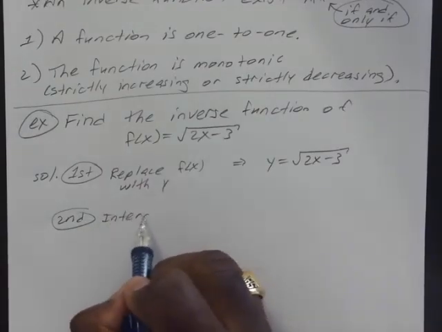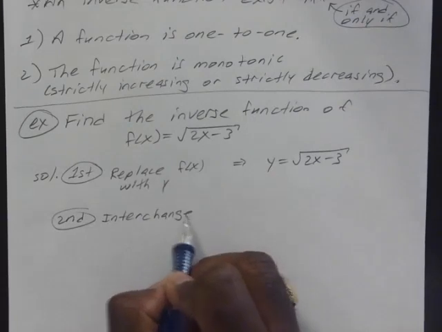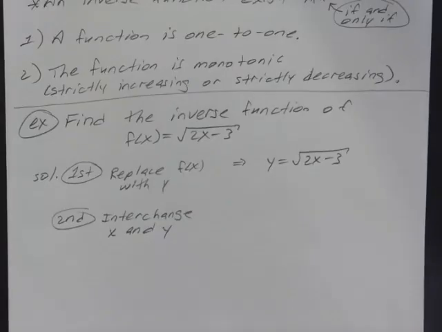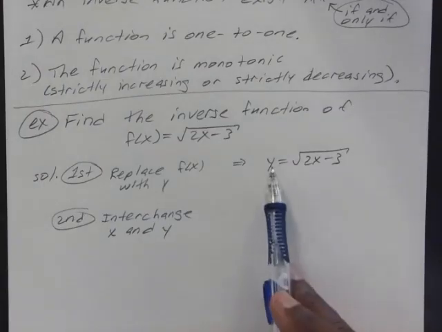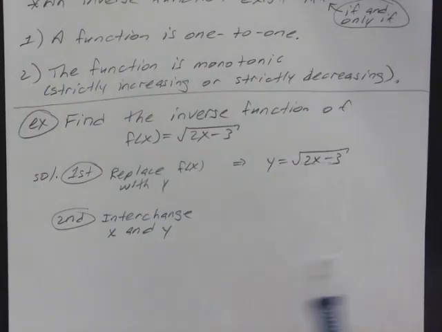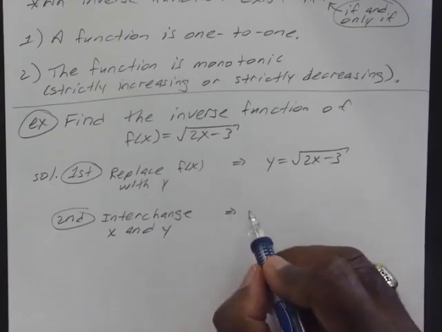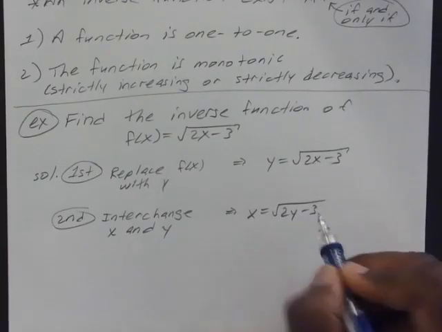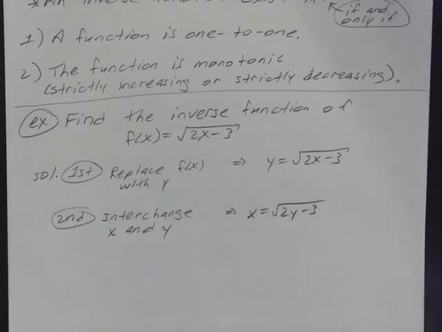I'm going to interchange your x and y. So instead of y is equal to the square root of 2x minus 3, we're going to have x is equal to the square root of 2y minus 3. So every x becomes y and every y becomes x.